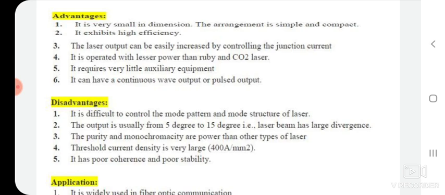There are some disadvantages also. First, it is difficult to control the mode pattern and mode structure of the laser. The output is usually from 5 degree to 15 degree, that is, the laser beam has large divergence. The purity and monochromaticity are poorer than other types of laser.